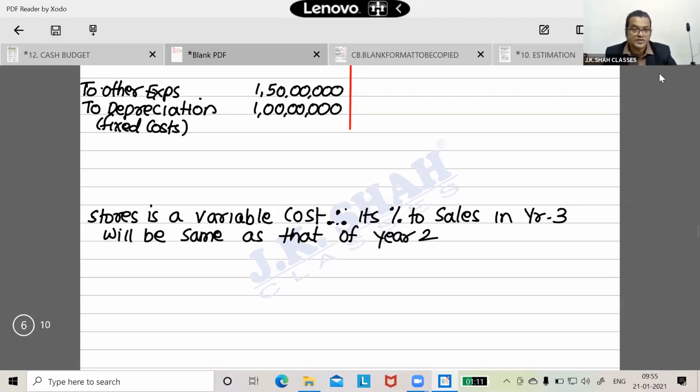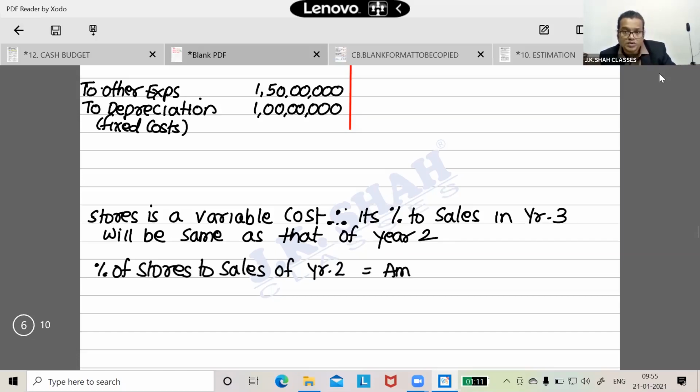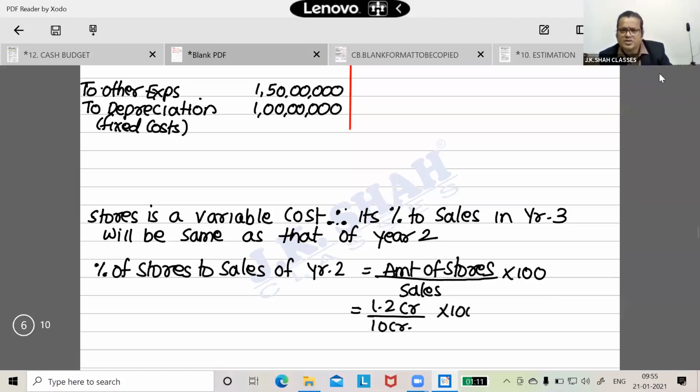So first we'll find percentage of stores to sales of year 2. Year 2 is the amount of stores divided by sales into 100. What is the amount of stores in year 2? 1 crore 20 lakh, 1.2 CR, and the sales is how much? 10 CR. So it will come to 12%.